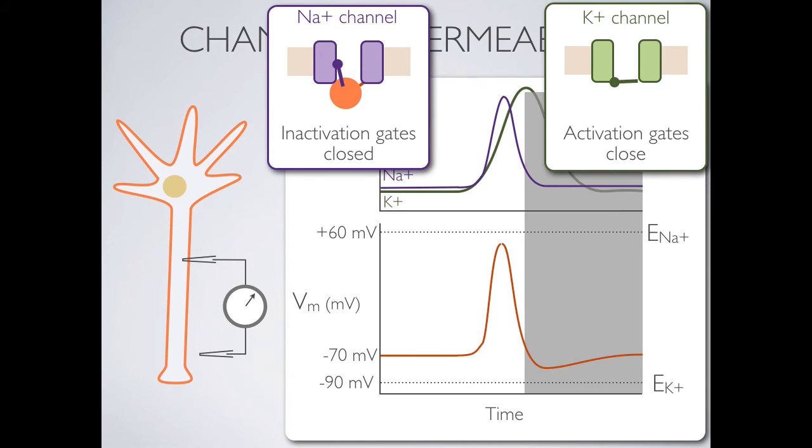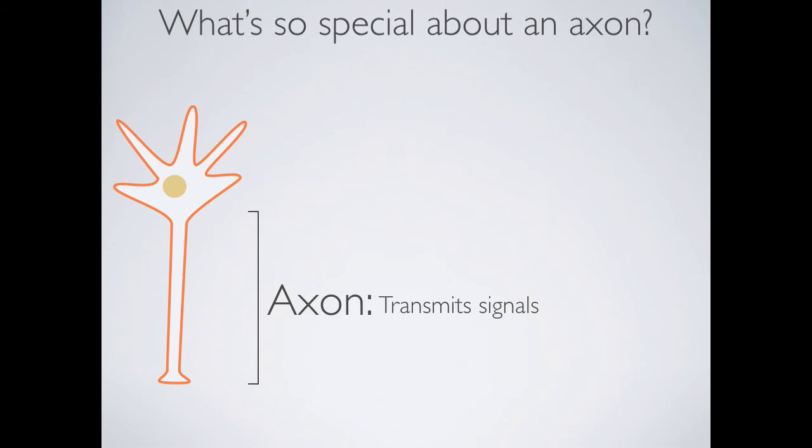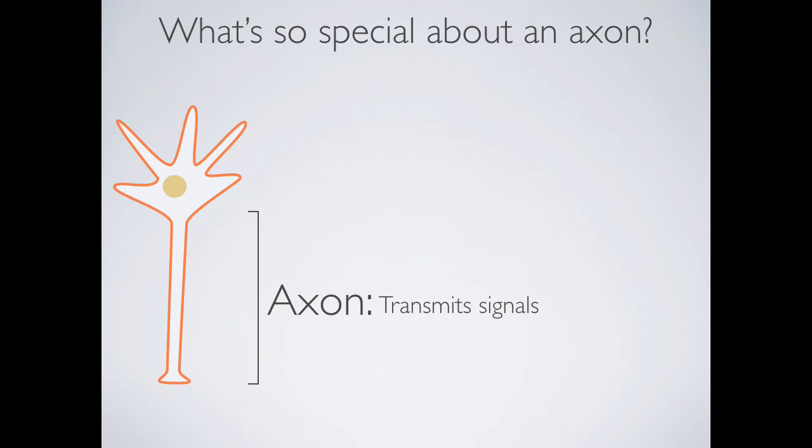Okay, so this is a lot of what makes axons really adept at transmitting signals, because action potentials not only are rapid when you're looking at one little spot along the axon, but that signal also propagates down the length of the axon quite rapidly. So what is so special about an axon? Well, it transmits these signals, these action potentials.